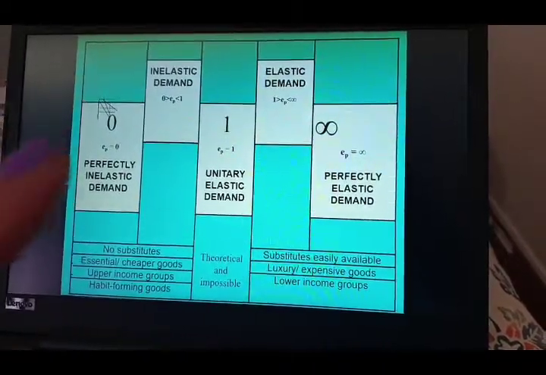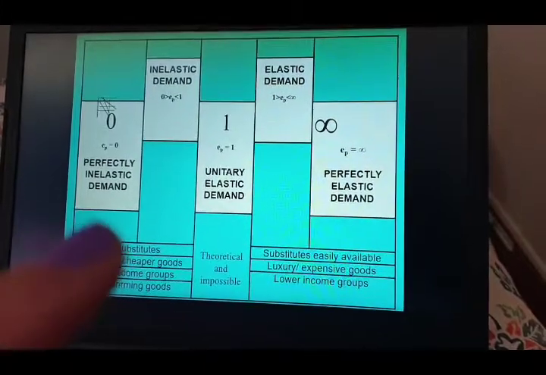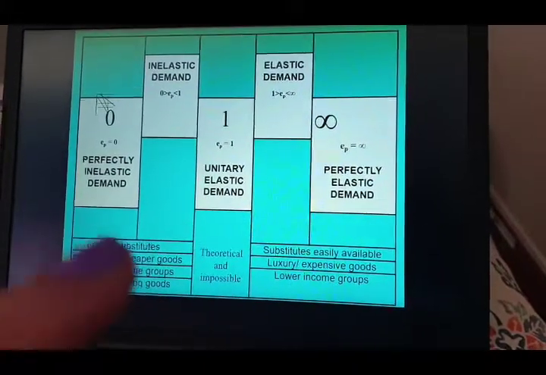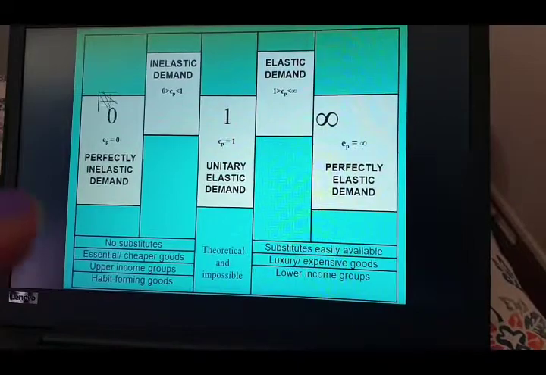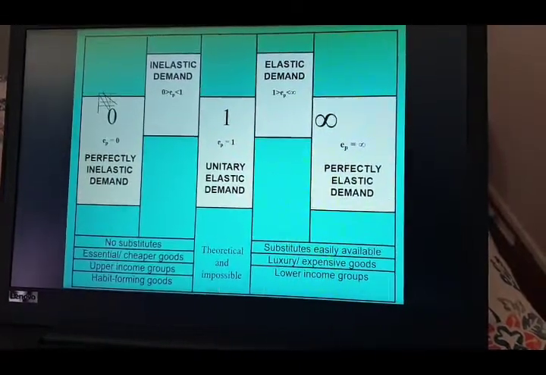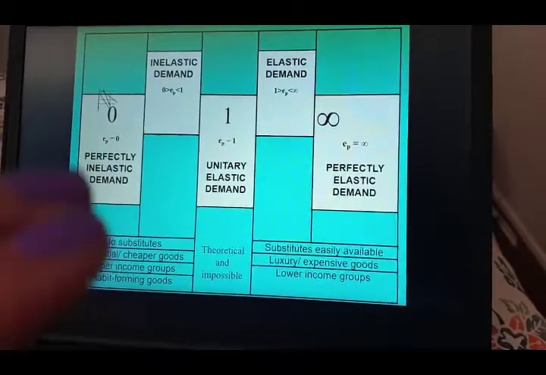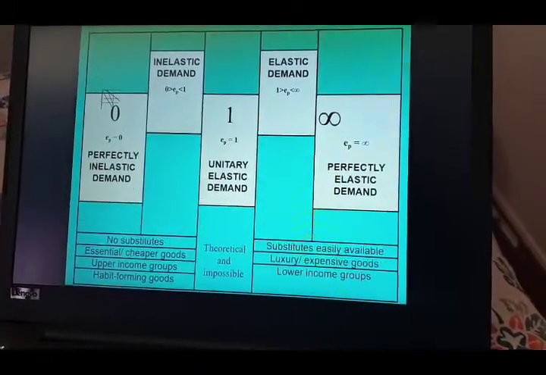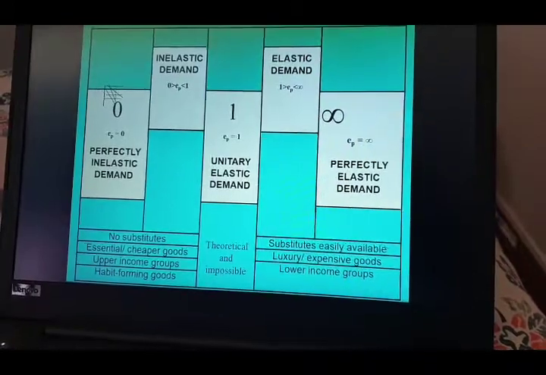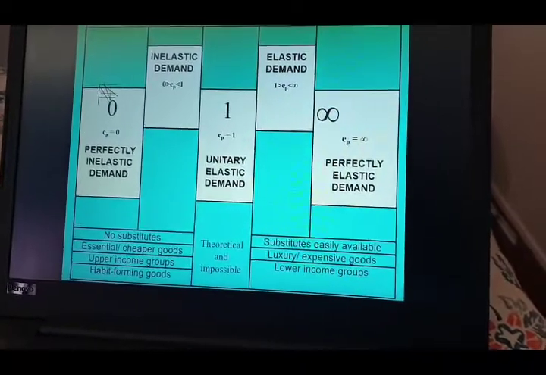Remember, it's just the quantity and the price that you have to indicate. Quantity is on the horizontal axis, price is on the vertical axis. Then list any 2 facts from each under the heading, and draw the graphs for me.